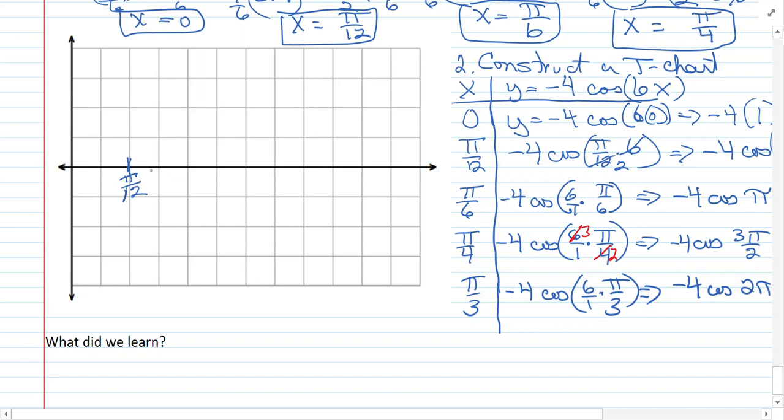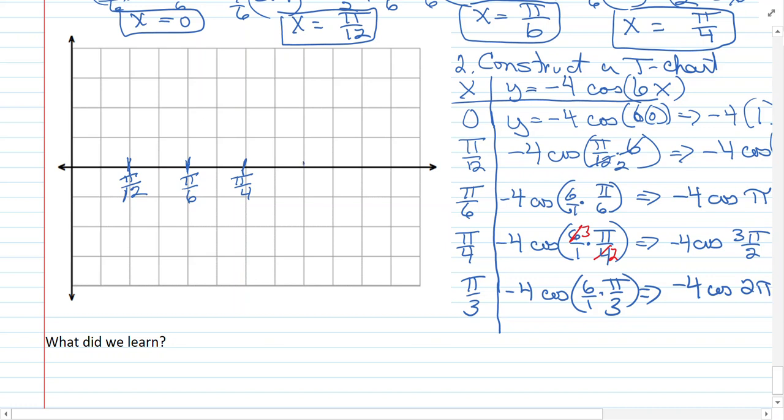Okay, 12. This is 2. This is 1. This is 2. So this would be pi 6, because I'd have 2 pi twelfths, pi 6. Then I would have 3 pi twelfths, which is pi fourths.